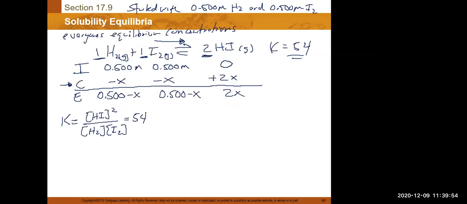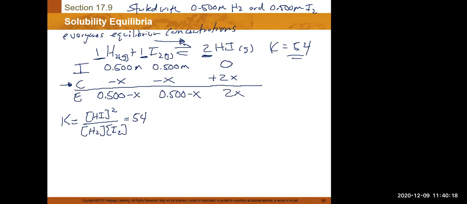Okay. So again, that's what the X represents: the change. It's how much H2 is being used up. Minus X here is how much I2 is being used up. 2X is the stoichiometry, how much HI we're making in this particular case. Once we have this ICE table, we put all those values into our expression.